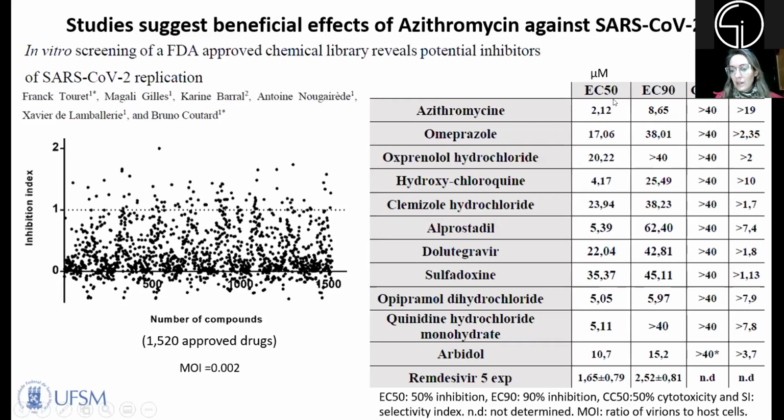This concentration is similar to the concentration that will be found in the lungs in humans, and it is a little bit higher than remdesivir, 1 point.